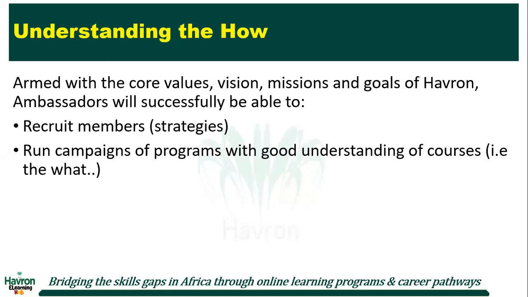So as time goes on, when more courses are coming, you will also be getting them. But very, very important is to understand how the programs that you are advertising will help your target audience and members of your group.